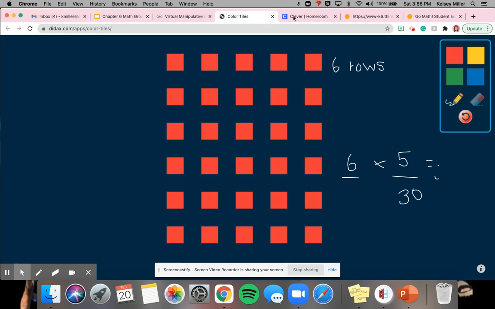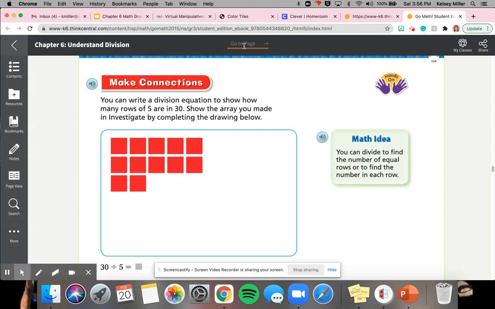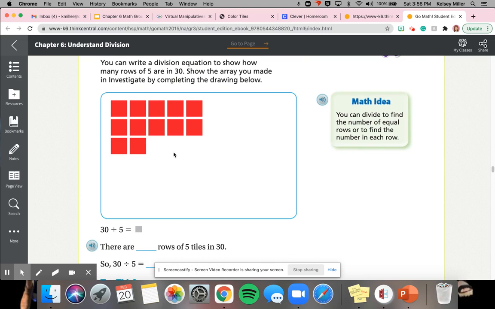So now in your book, it wants you to draw this array that we have here, okay? So what you're going to do in your book is you're going to finish drawing this. So we need 6 rows with 5 in each. So I'll give you a second to finish up that drawing.